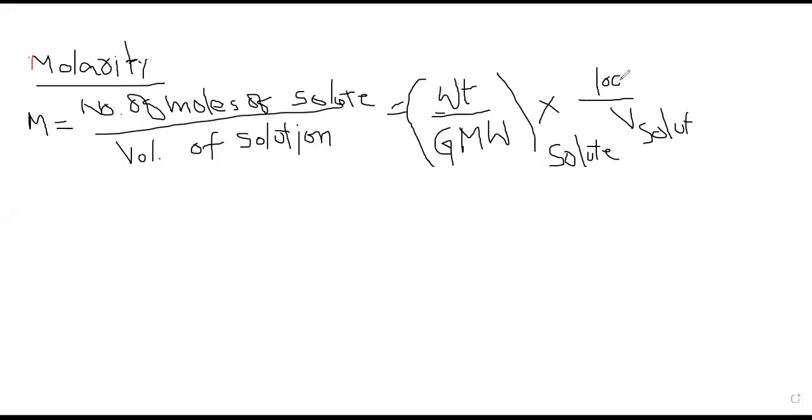It is 1000 by the volume of the solution, because we are taking gram molecular weight and weight in grams. Actually, we have to take the number of moles of the solute dissolved in 1000 ml of the solution. That is about molarity.